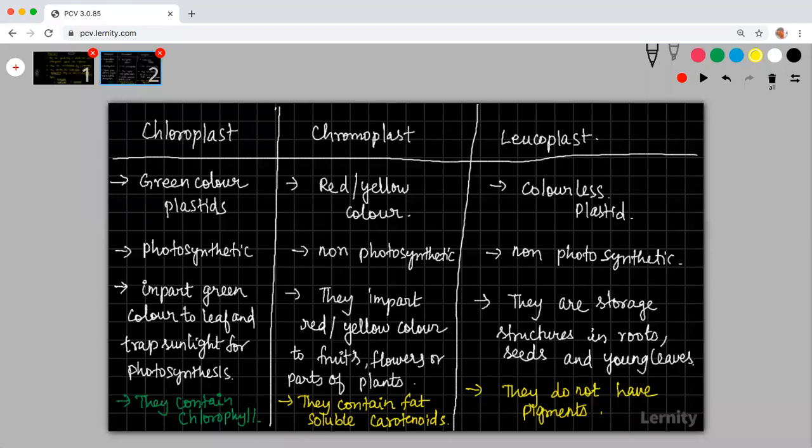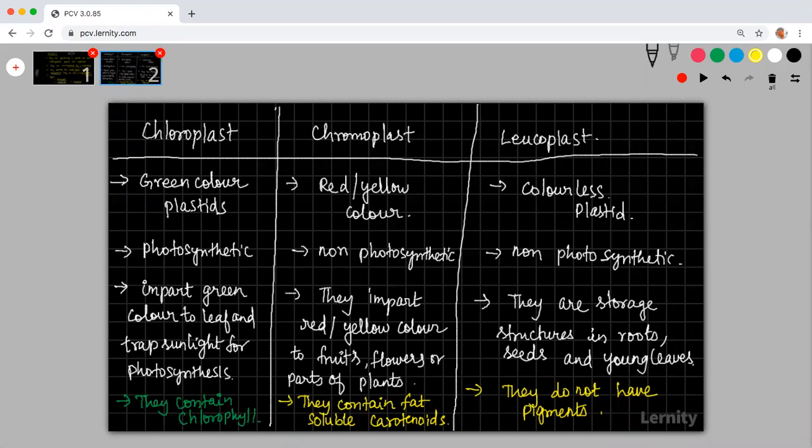Someone is asking me why mitochondria and plastids are not included in the endomembrane system. If you see the origin of the other organelles, the four things that we studied in the endomembrane system, endoplasmic reticulum, Golgi body, vacuoles, and lysosomes, all those things are formed from the endoplasmic reticulum.